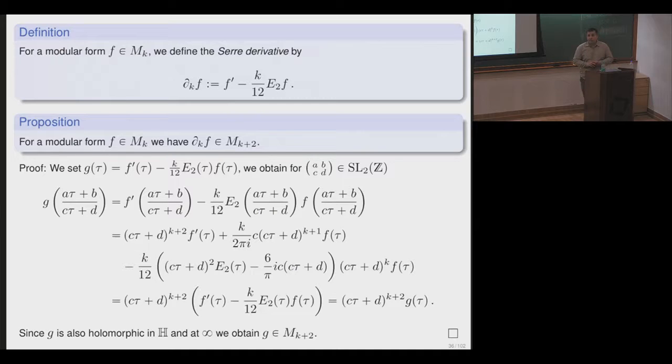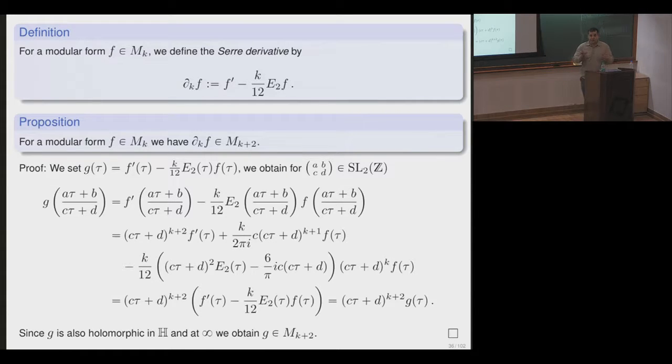And now we have seen this kind of functional equation before, namely the Eisenstein series of weight 2, which we defined as this q-series. We have seen that it does not satisfy this modular transformation property, but almost. And if you use this, you can show that the so-called Serre derivative will be a map on the space of modular forms.